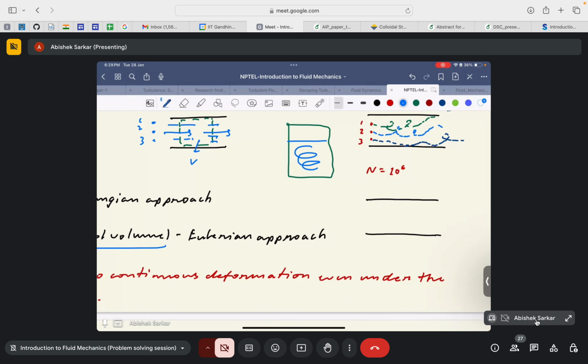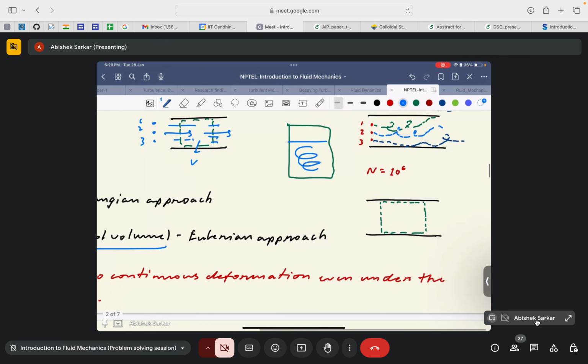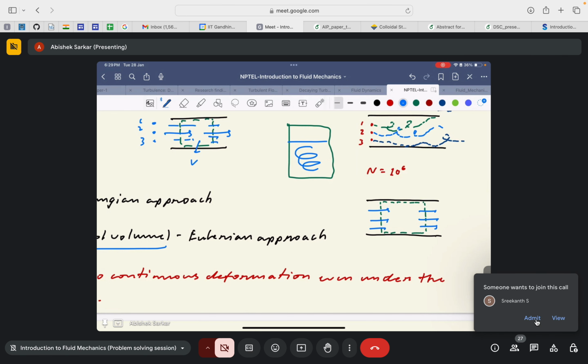Rather than considering each and every particle, now we are focusing on a particular region of the flow. Because of this particular flow field through this particular control volume, there would be a particular force imparted on this pipe, because of change of momentum.